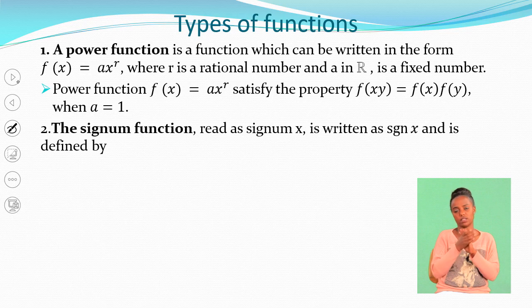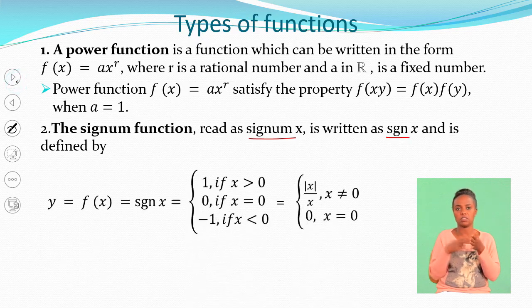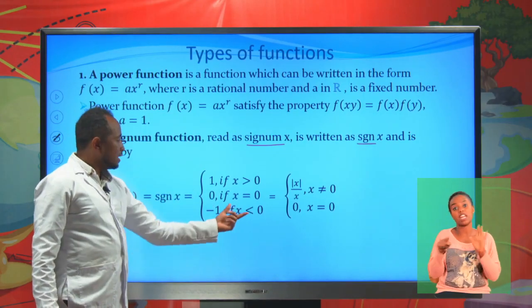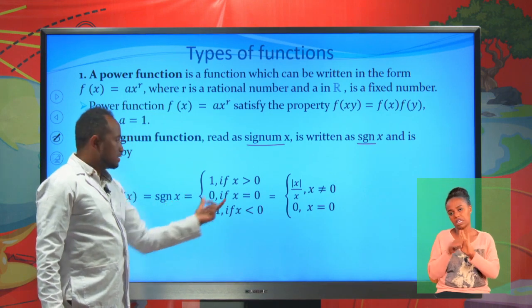Now the sign function, it is read as sine of x. It's written as sgn x, and it is defined simply as 1 for positive numbers, 0 for 0, and negative 1 for negative numbers. The sign function is defined in this form.